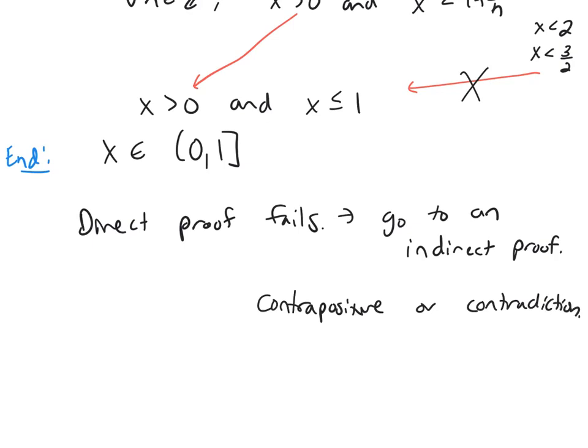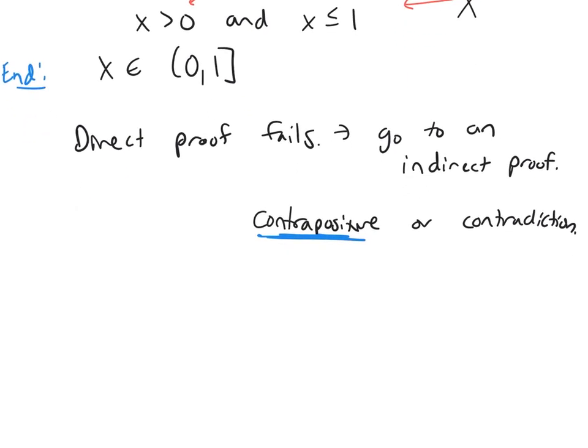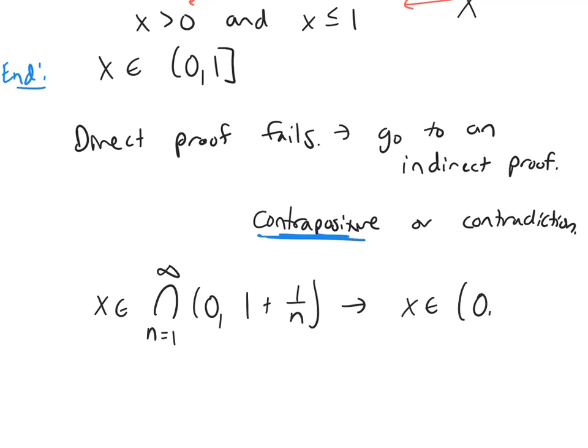Here I'm going to use contrapositive. Remember what statement we're trying to prove right now: if x is in the intersection, then x would be in the interval from 0 to 1.